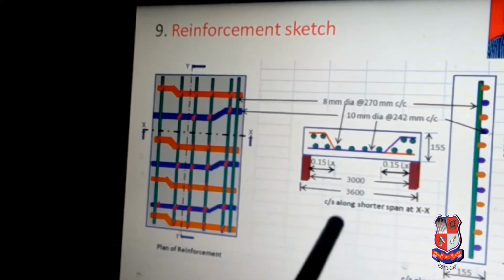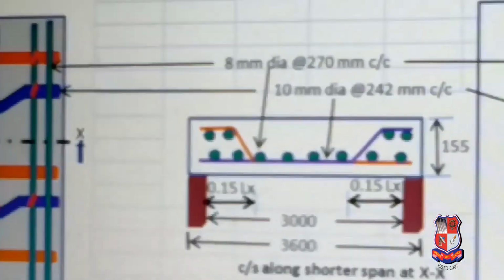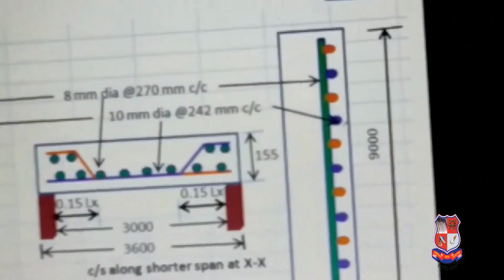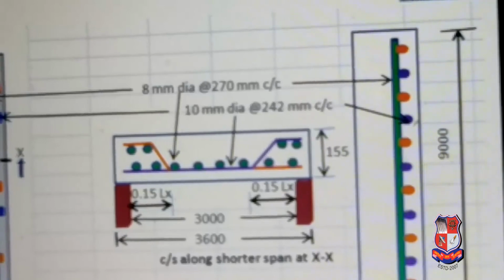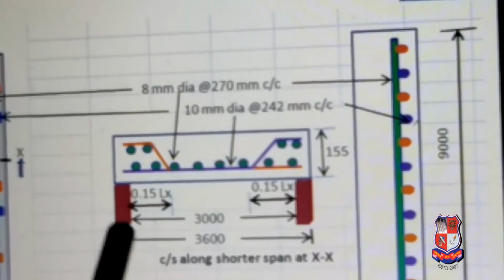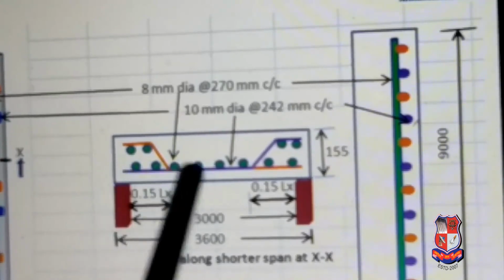So if you see the cross section, you can see the cross section at XX. The main steel bar is going from left to right, but there are two colors.